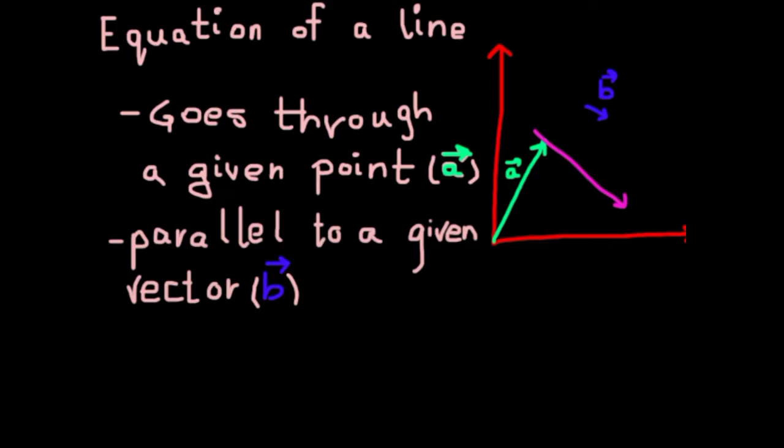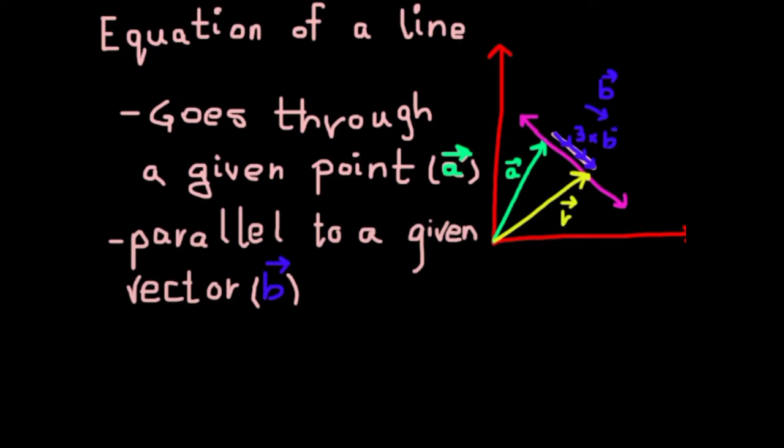So let's see the equation of these lines going through a given point, A vector. As previously we know, the equation of a line passes through a point and is parallel to another vector.